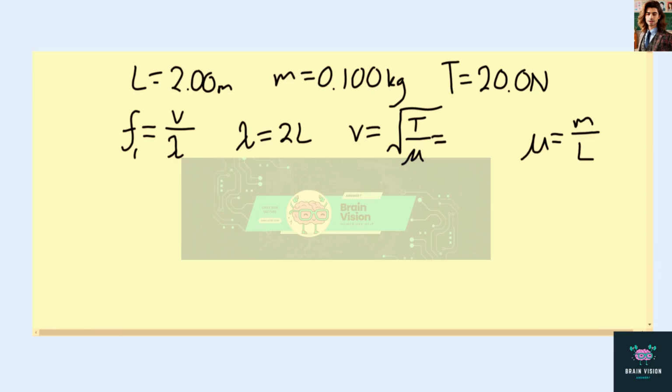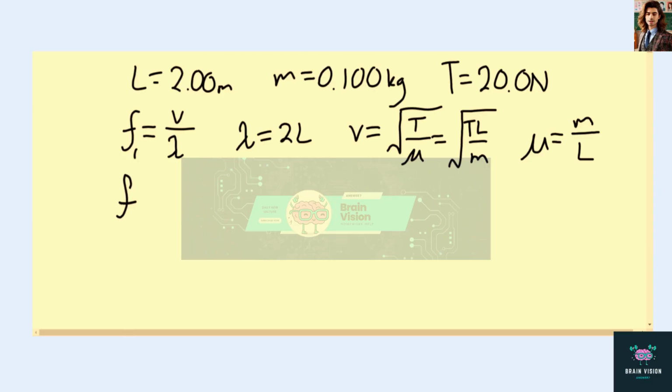So if we plug that into our square root, we can then rewrite the formula for v as the square root of T times L over M, because you flip M over L, and so L ends up in the numerator and M is in the denominator.